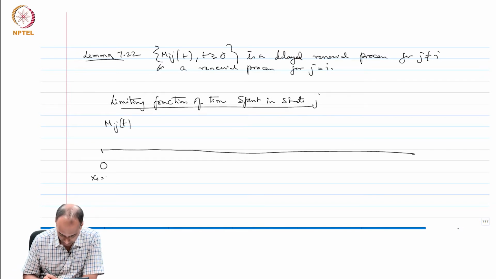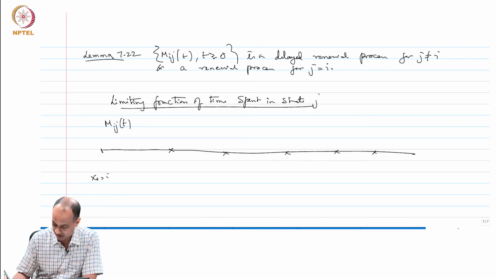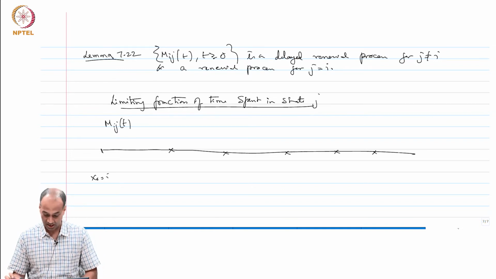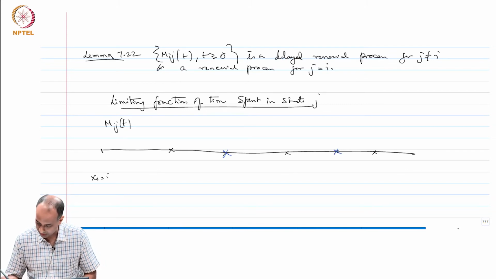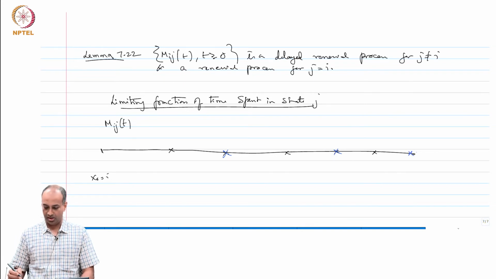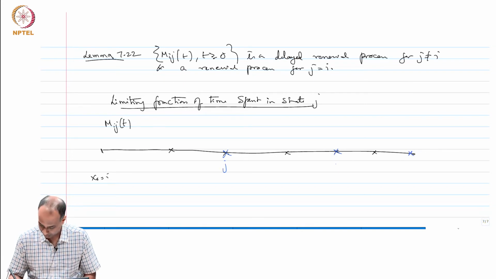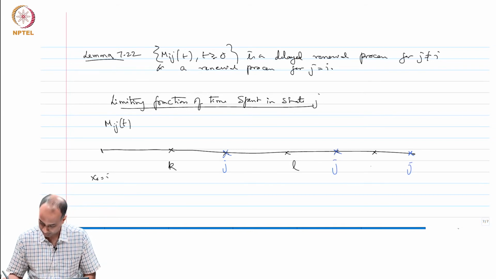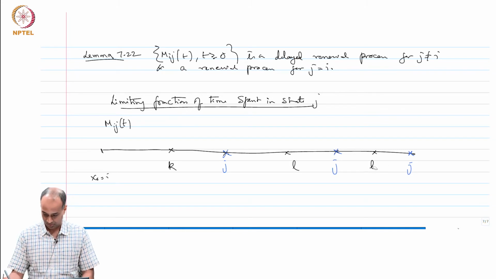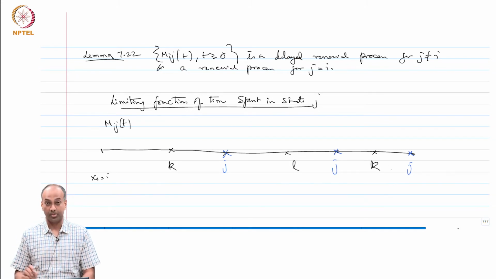Here x not equal to i, and these are the instances where the Markov chain CTMC changes states, and let us say these are the places where the state j is entered, and these are all some other states k, l and so on. Does not matter. So my renewal instances are whenever I enter j.